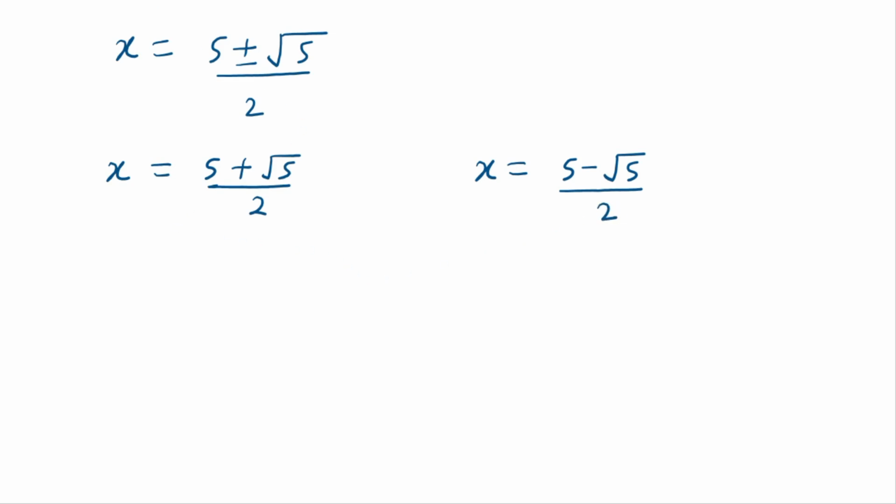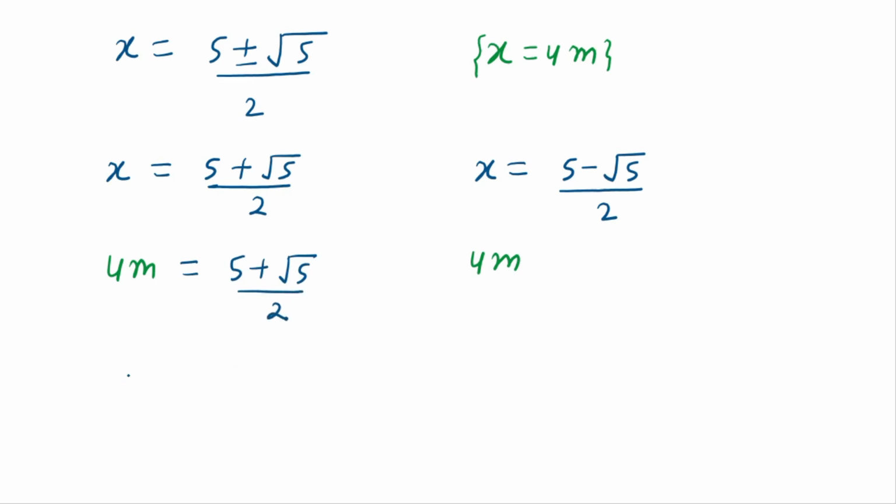And we know that x is 4 times m. So this x is replaced by 4 times m, and this x is also replaced by 4 times m. Here 4m is equal to (5 + square root of 5) divided by 2, so the value of m is equal to (5 + square root of 5) divided by 8.